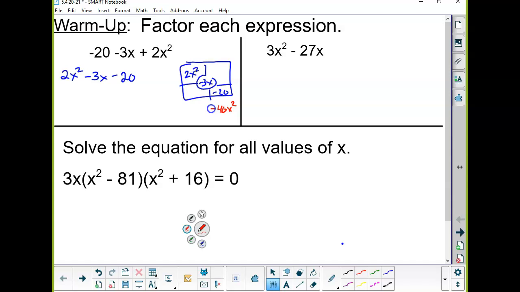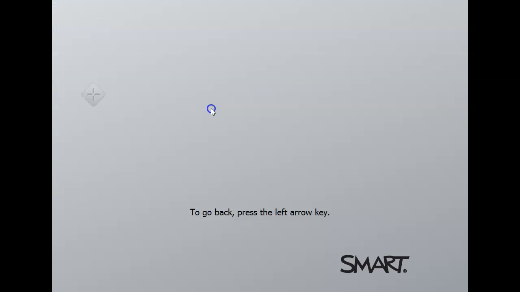So right away I'm thinking, well, 4 and 10, no, that doesn't work. 2 and 20. I'm going to recalibrate this quick. It's been off.